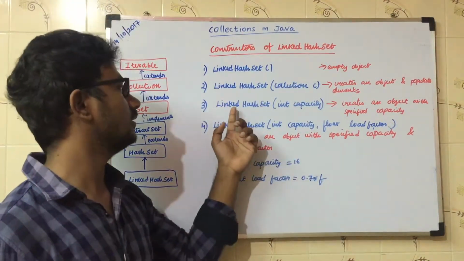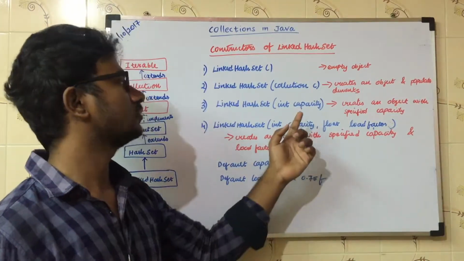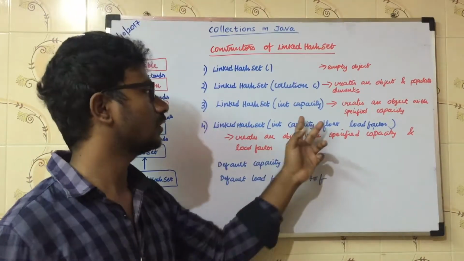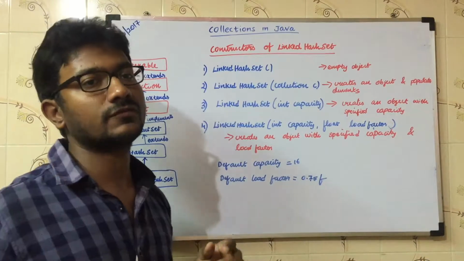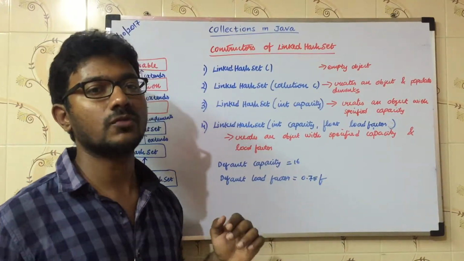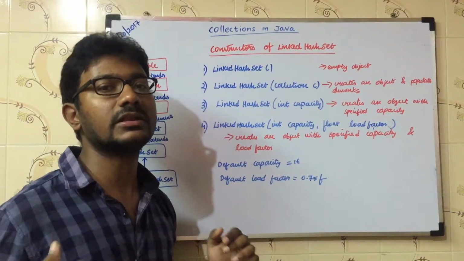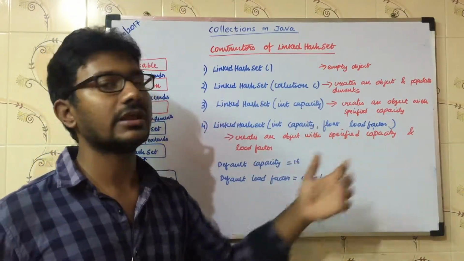The third type of constructor is LinkedHashSet(int capacity). We will talk more about capacity and load factor in the next video. Please try to watch that video also, because it is important from an interview point of view, and it is also very important to know the technical internal details of how LinkedHashSet works using capacity and load factor.